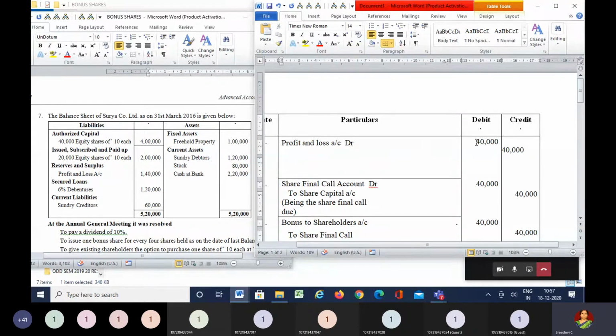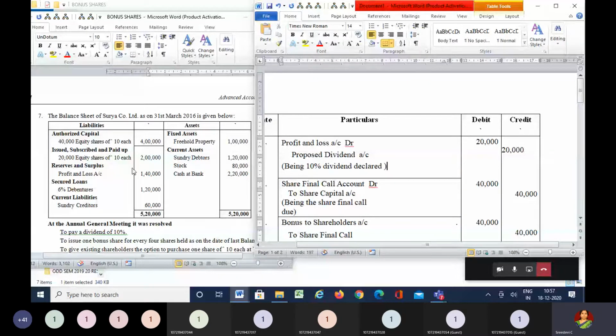So, profit and loss account debit 20,000 to proposed dividends. Being 10% dividend declared.